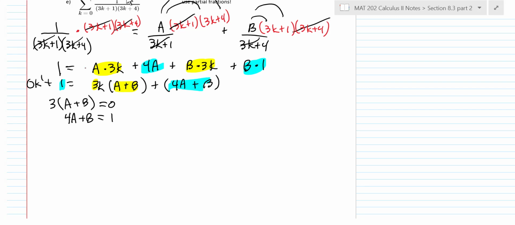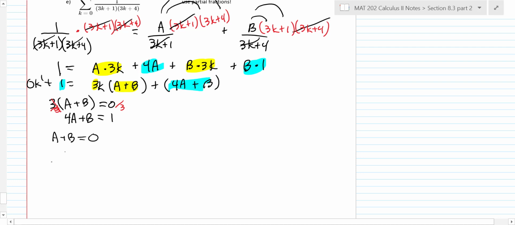One thing you could do is divide the first equation by 3 so you get a simpler system. You would have A plus B equals 0 and 4A plus B equals 1. You can solve that system with the different methods you've learned. I'd probably just do elimination. So I'm going to multiply the first by -1. You can do this in your head if you want to.